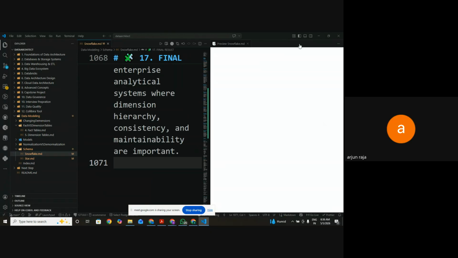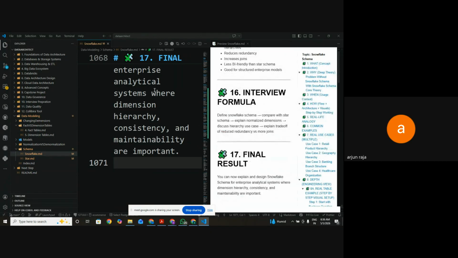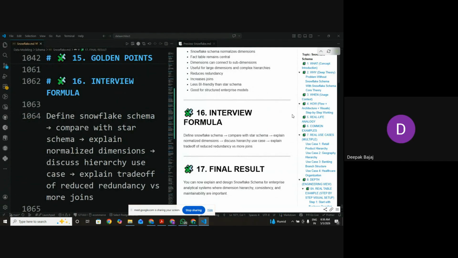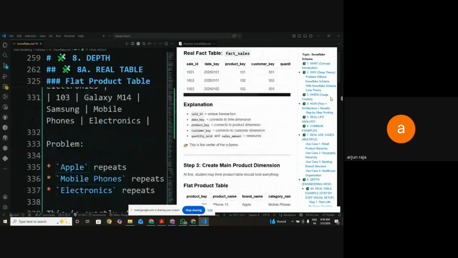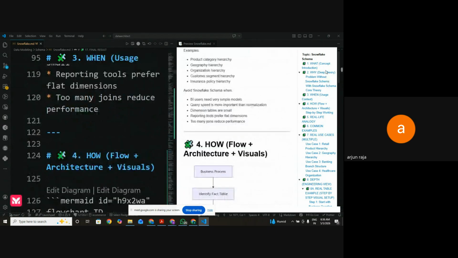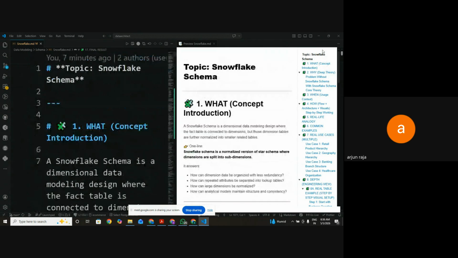Schema is a collection of tables. Collection of tables, databases maybe. Yeah, a collection of tables and databases, how the data is arranged. Yes.